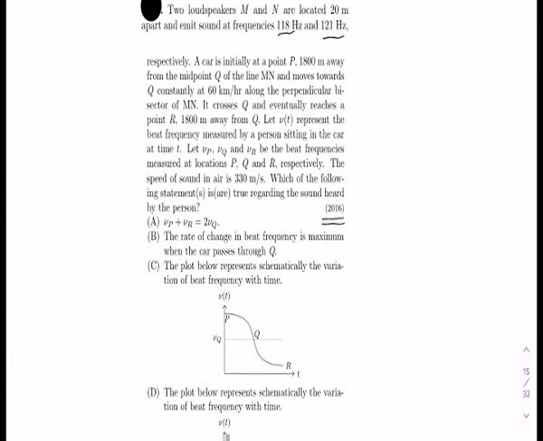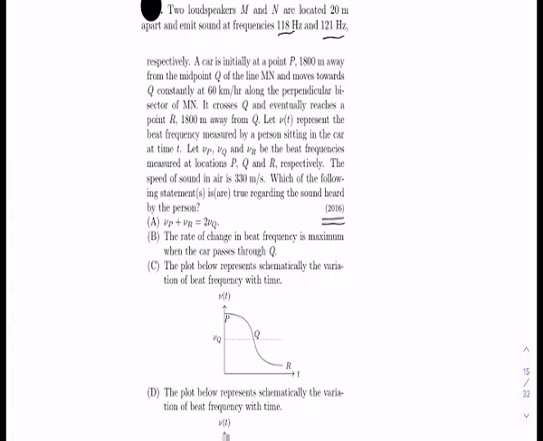A car is initially at point P 1800 meter away from the midpoint Q of the line MN and moves towards Q constantly at 60 km per hour along the perpendicular bisector of MN. It crosses Q and eventually reaches point R 1800 meter away from Q.